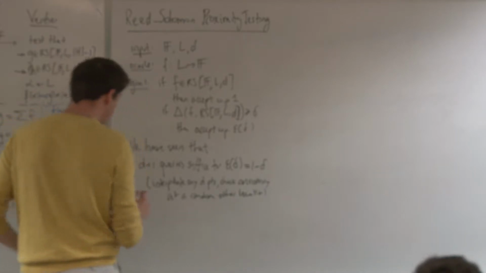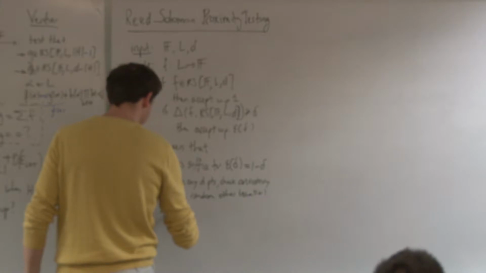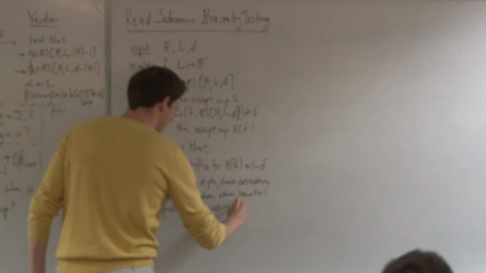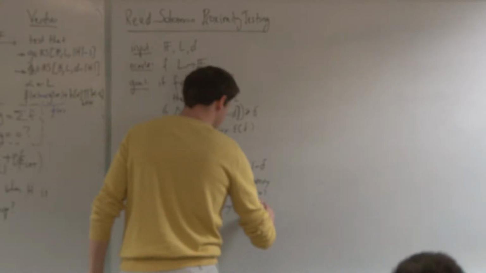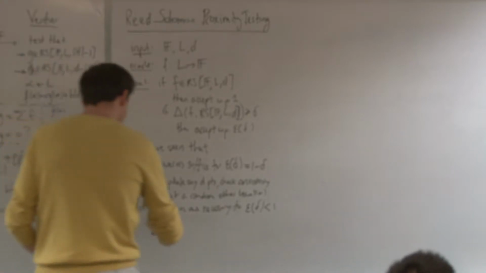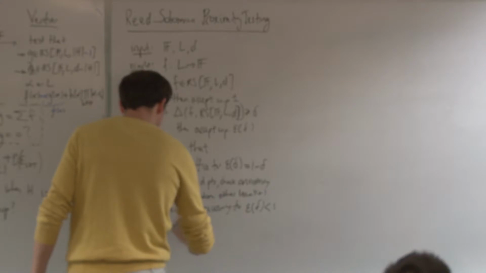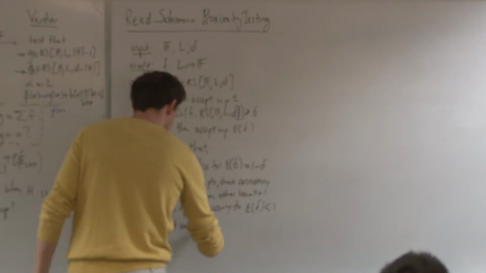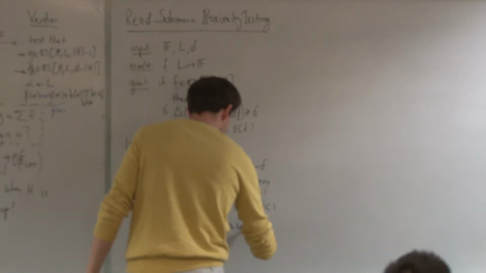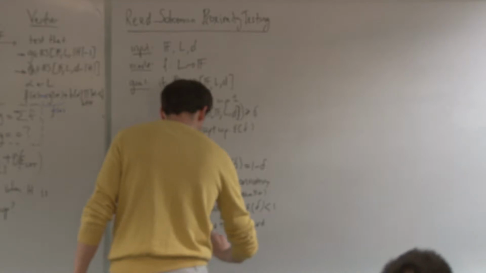And we also saw that D+1 queries are necessary for epsilon of delta to be strictly less than 1, because any D values extend to a codeword in the Reed-Solomon code.